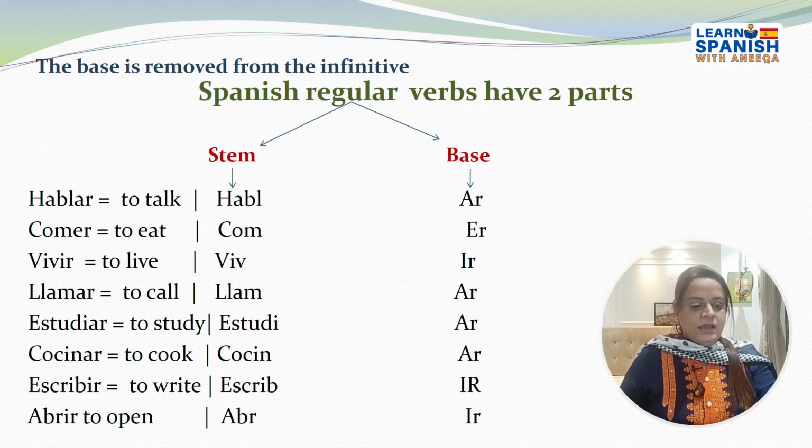Now here the stem is H-A-B-L, habl, and A-R is the base which we have to remove. Comer, the stem is com, C-O-M, and the base is E-R that we remove. Now IR verb vivir, V-I-V is the stem and IR is the base which we have to remove.